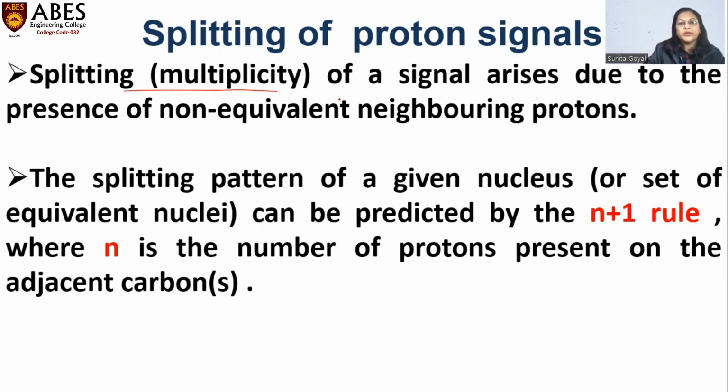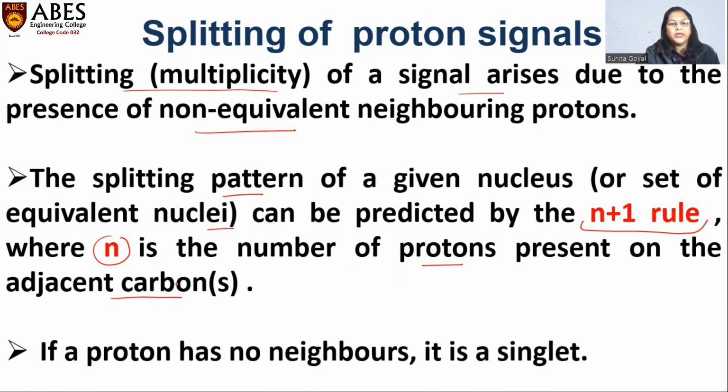So splitting or multiplicity of a signal arises due to the presence of non-equivalent neighboring protons. The splitting pattern of a given nucleus or set of equivalent nuclei can be predicted by a rule, that is the n plus 1 rule. What is n here? N is the number of protons which are present on the adjacent carbon.